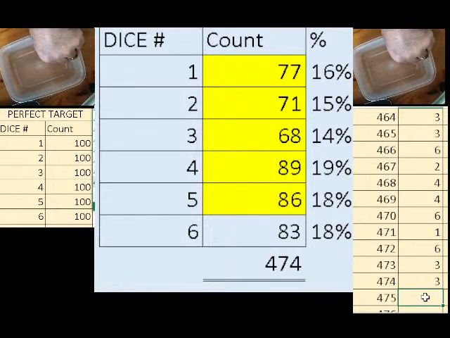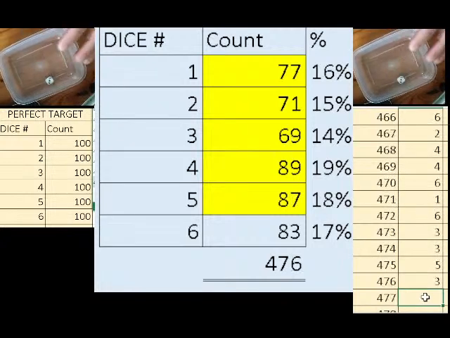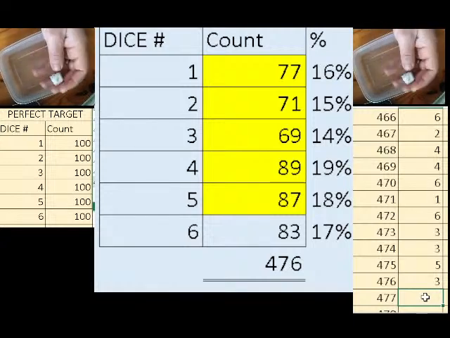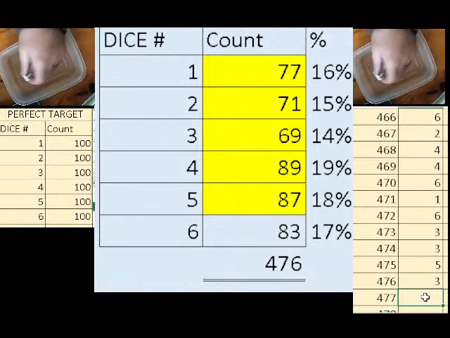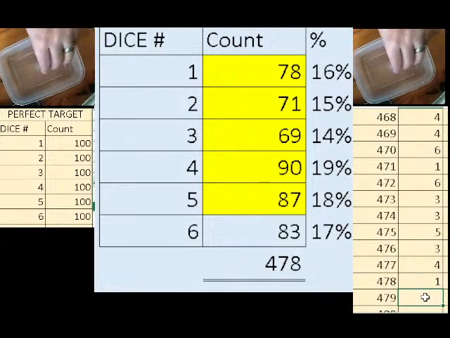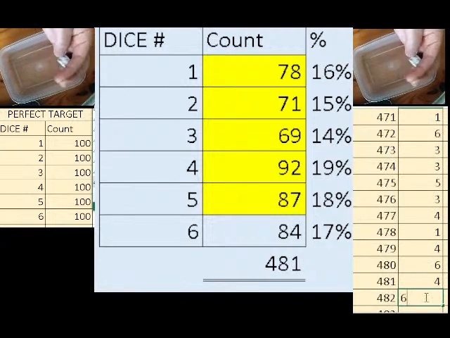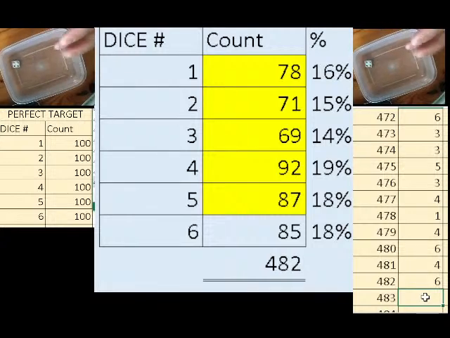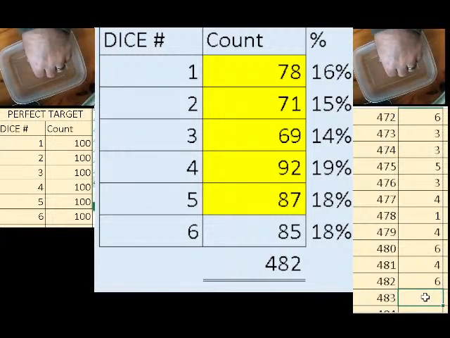Oh, there's a couple of 3s coming through now. So still the difference between top and bottom is 14% and 19%. Of course, not a crazy difference. So at 500 still haven't evened out.